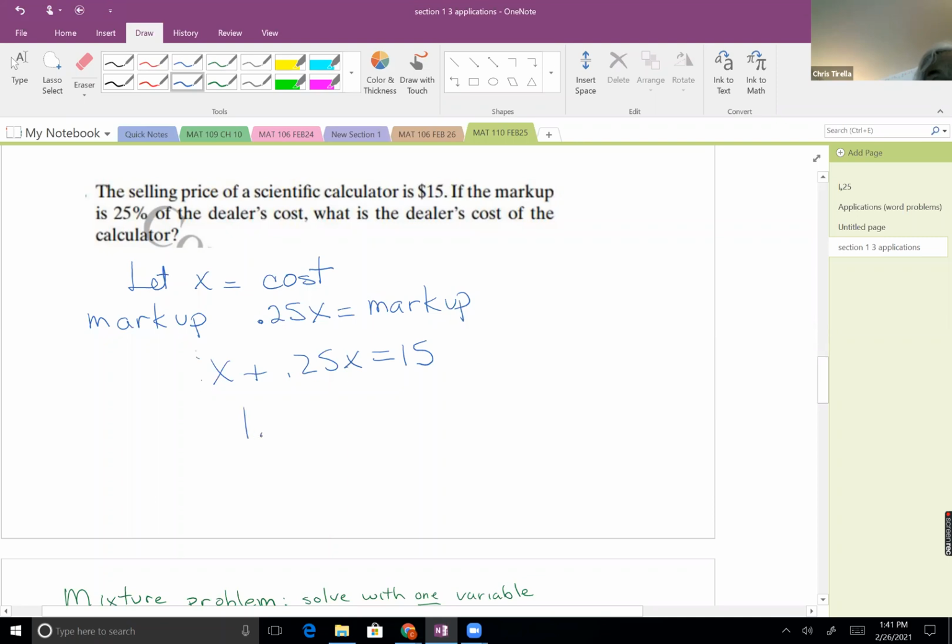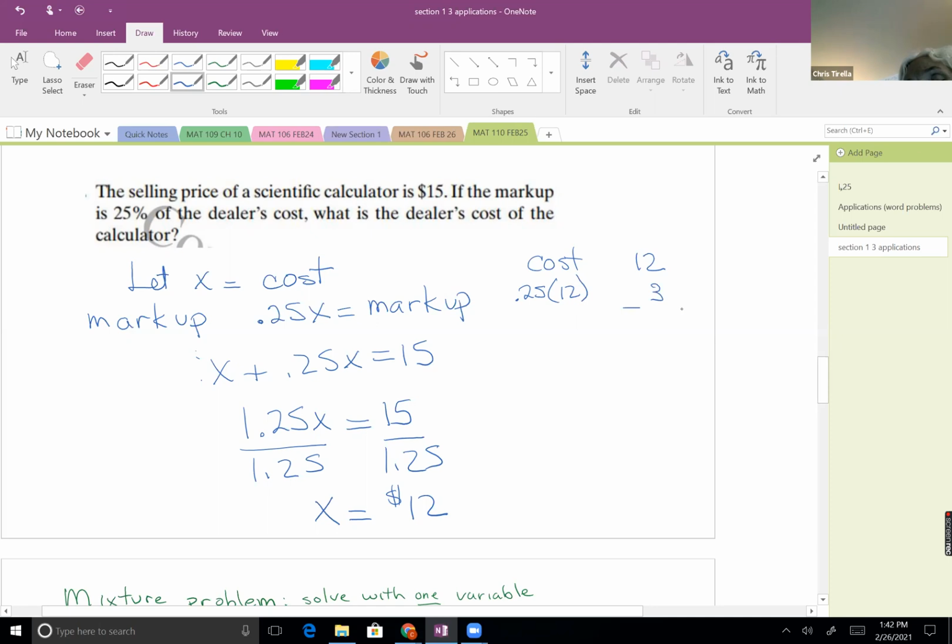Combining like terms, I get 1.25x equals 15. And so when I divide, I get x is 12. So if the cost is $12, the markup is 25% of that, or a quarter of that, which would be $3. And it adds to that $15, so it checks.